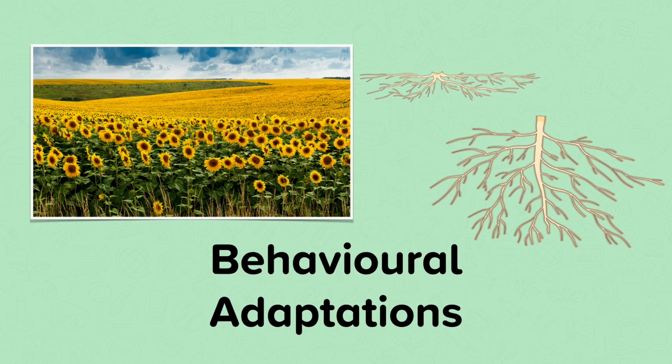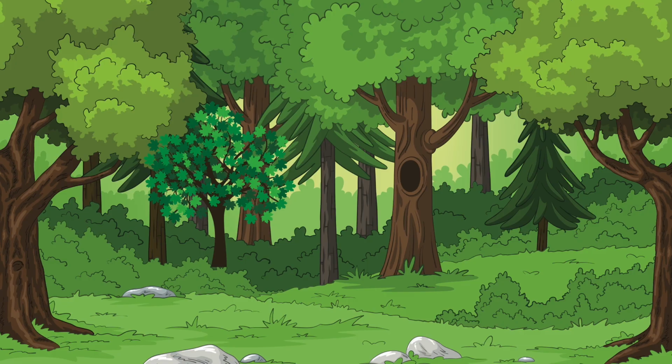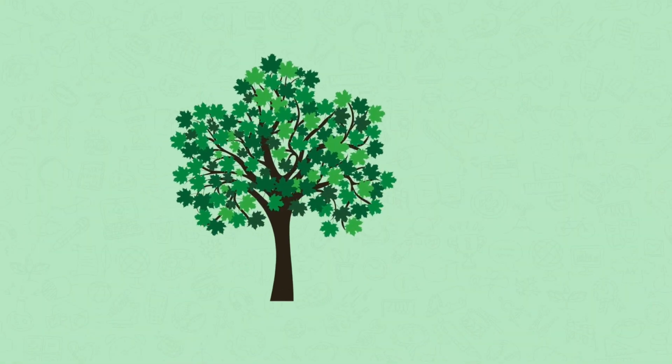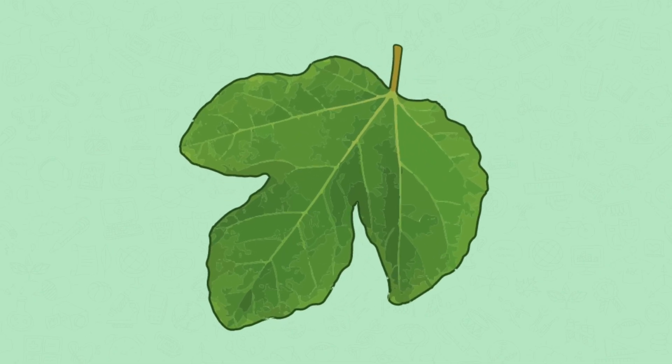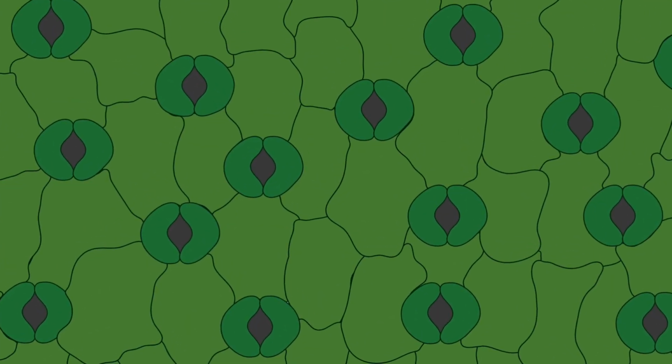It may be funny to think of them as behaviours as such, but plants are more intelligent than you might believe. Many of these behaviours are known as tropisms, movement towards resources the plants need for survival. Leaves of plants have small openings on their underside called stomata. They allow gases to diffuse into and out of the leaf.